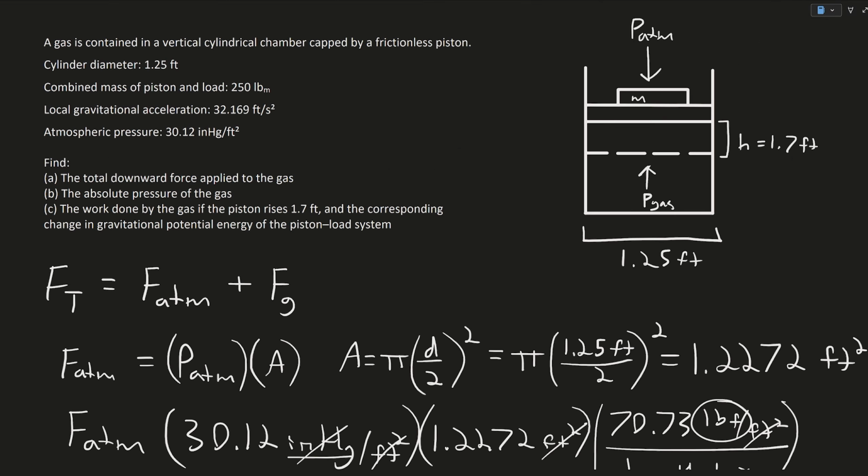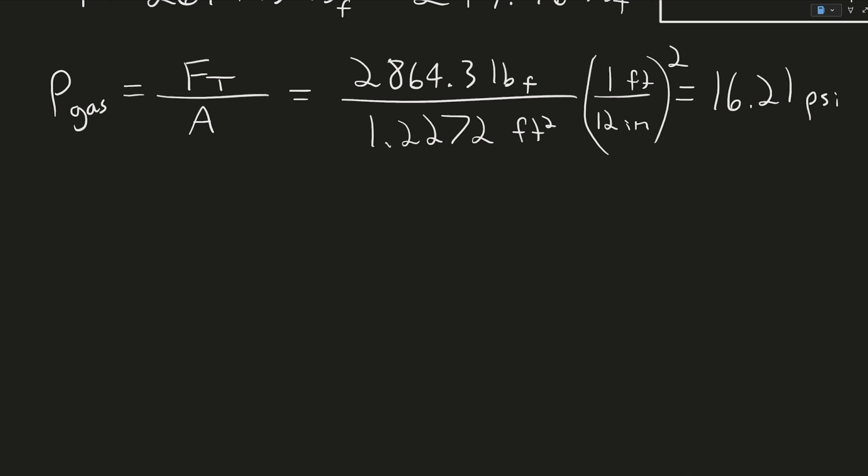The final part, part C, is asking for the work done by the gas if the piston rises 1.7 feet, and then the corresponding change in the gravitational potential energy of the piston load system. So first we'll find the work done by the gas. So work is equal to the negative integral of pressure dV. But because we're at a constant pressure, we can simplify this to be the negative pressure of the gas times the change in volume.